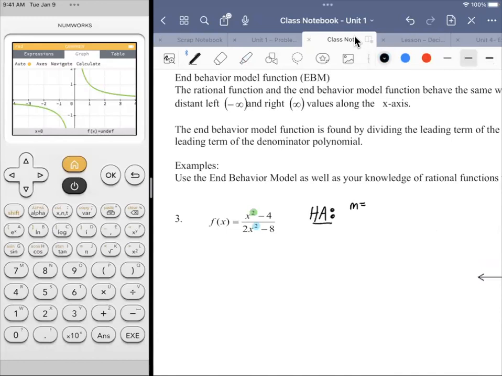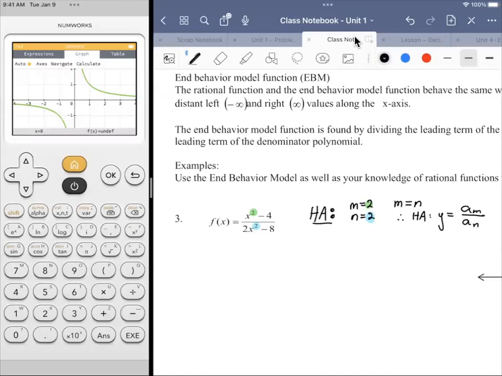So the m value is 2, the n value is equal to 2. And so the m value is equal to the n value. So therefore, the horizontal asymptote is the line y equals, scary formula, a sub m over a sub n.